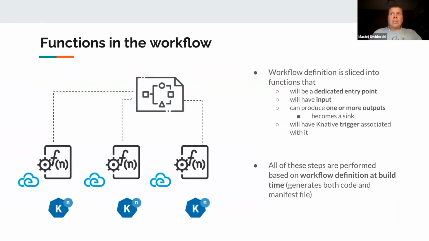So looking into more detail around functions, there are actually dedicated entry points to the execution. Even though we model everything as one, and at the same time it's deployed as one image, all the sliced elements of the workflow that became functions are individually dedicated entry points.